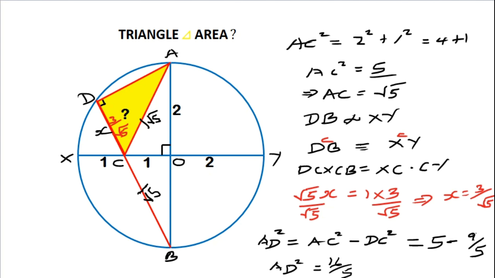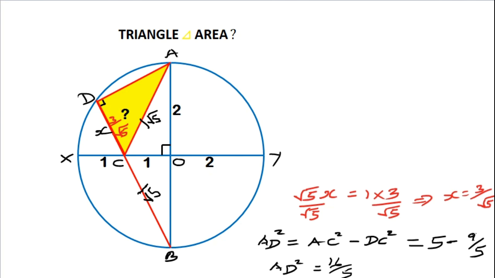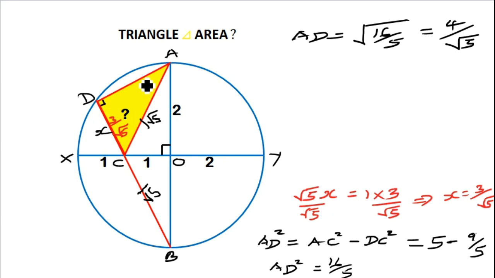So we have AD squared is 16 over 5. So the length AD will be the square root of 16 over 5, which is 4 over root 5. So we found from A to D is 4 over root 5.